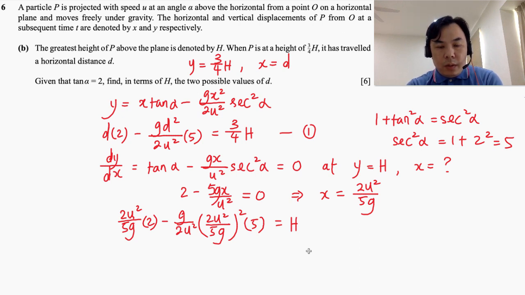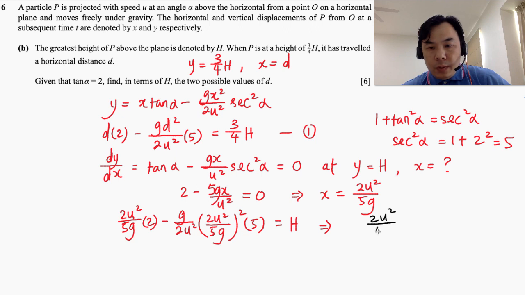If you try to simplify the whole thing, we have 5, we have a 2, so this is 2 over 5. So we can simplify this as 2u square over 5g is equal to h.